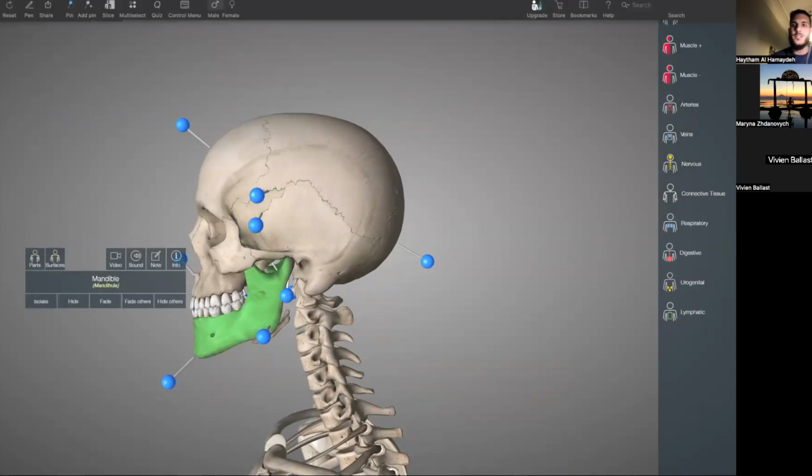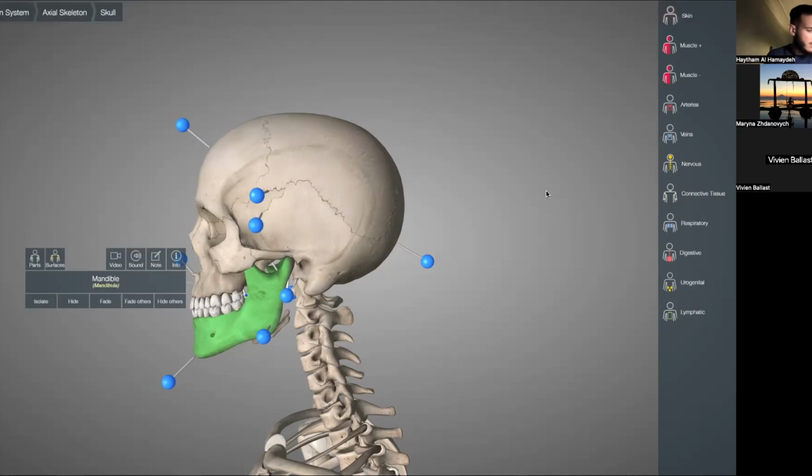Is the next pin number 16? Sorry, or is it 15? I think it's number 15. So what we're doing right now is number 15.